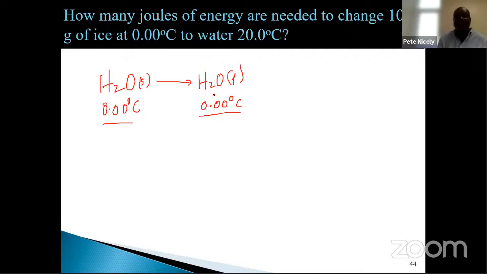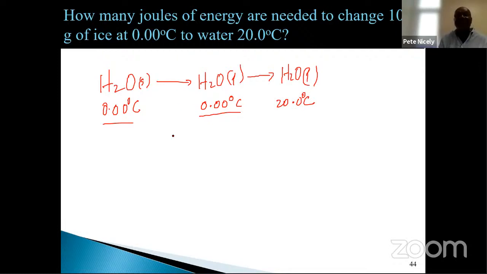Once all the solid has been converted to liquid, then with continued heating, the liquid H2O has its temperature increase from 0.00 degrees Celsius to 20.0 degrees Celsius, all right?